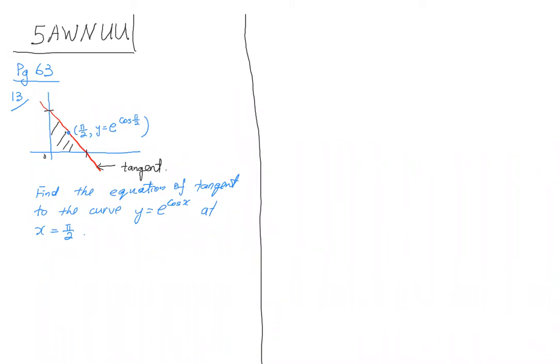Okay. So first step, I know that equation of tangent is in this form, correct? y equal to mx plus c. Okay, so how am I going to find the gradient?